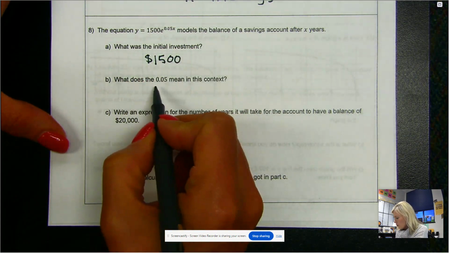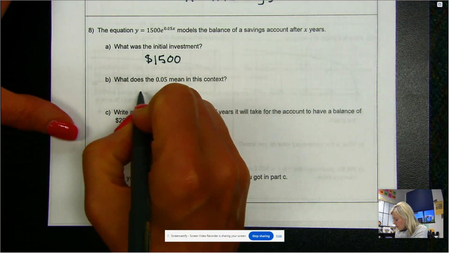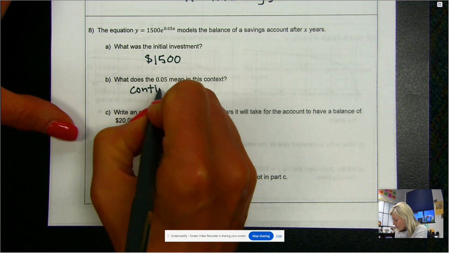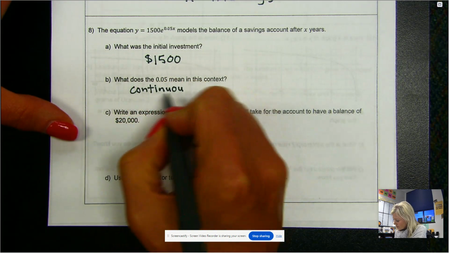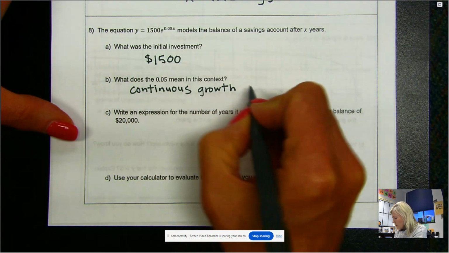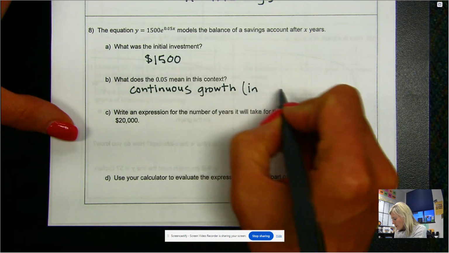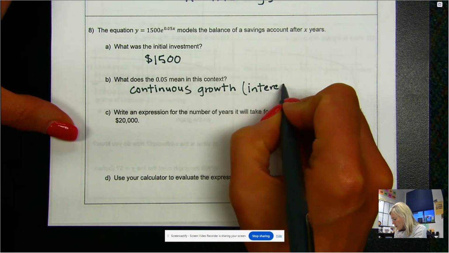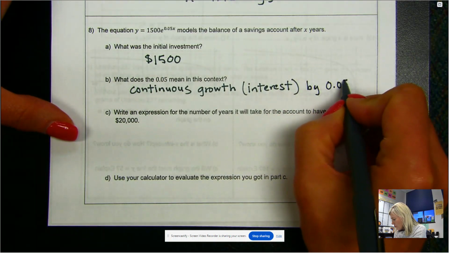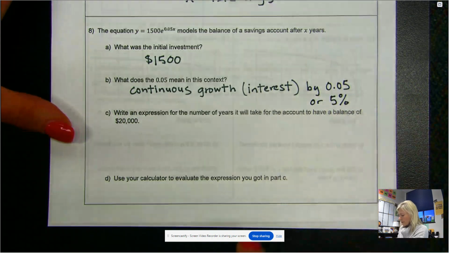And what does the 0.05 mean? It means it's the continuous growth. In this example, it would be interest because it's a savings account by 0.05 or 5%.